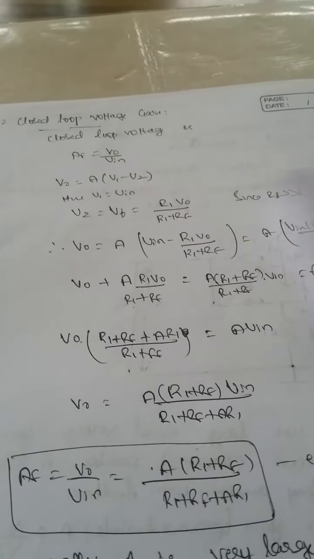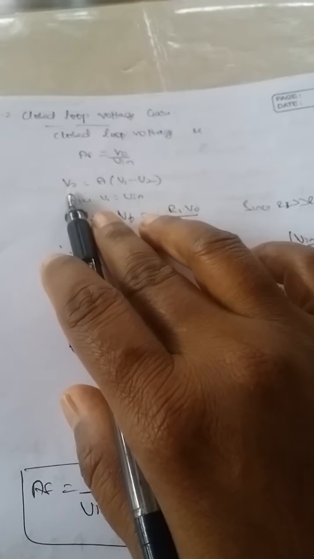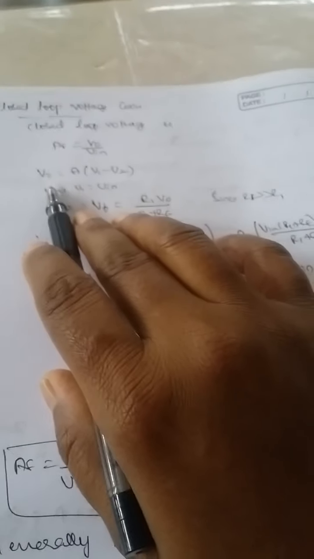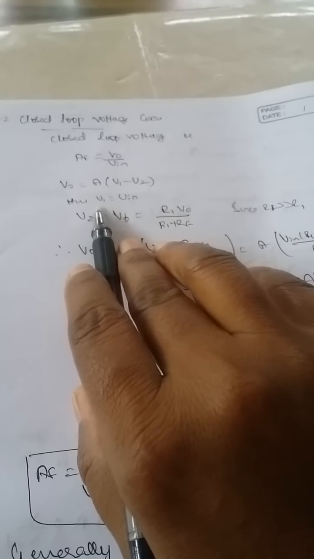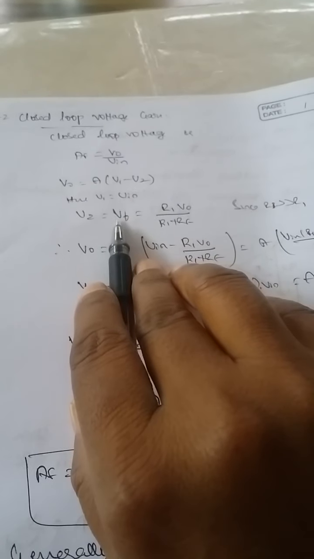Vid is equal to V1 minus V2. Therefore V0 can be written in terms of open loop voltage gain: V0 is equal to A into (V1 minus V2), and V1 is equal to Vin from the circuit diagram, and V2 is equal to Vf.